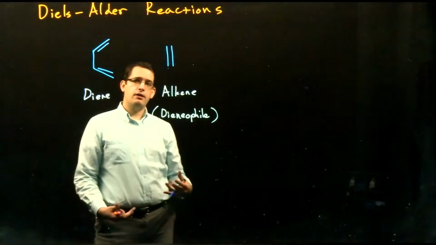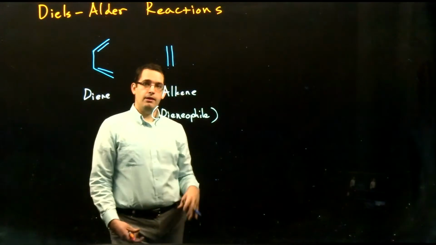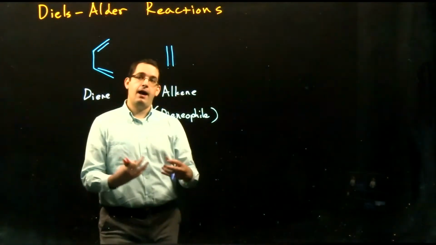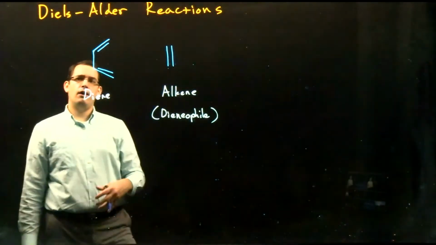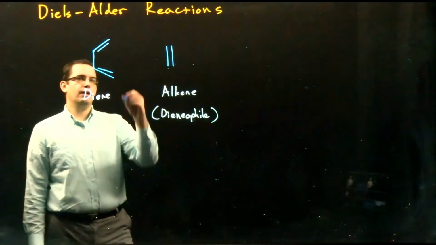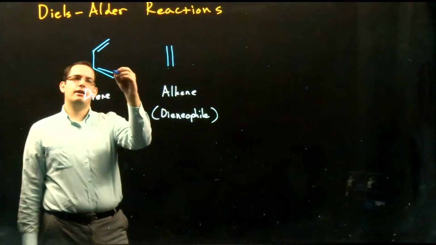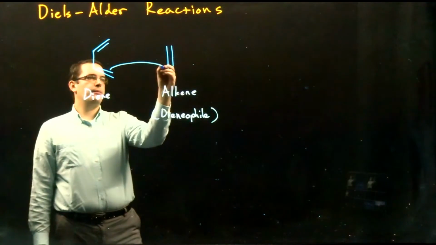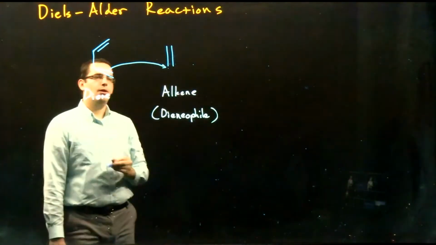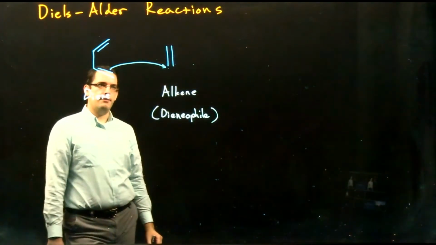So our reaction here is very interesting. It occurs in a concerted mechanism, right, which means that everything is happening together, and it involves a cyclic movement of electrons. So we're going to take our extra electrons from our double bonds, and we're going to attack one of the carbons of our alkene.